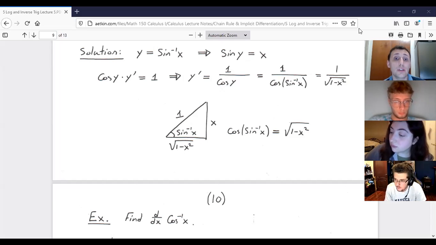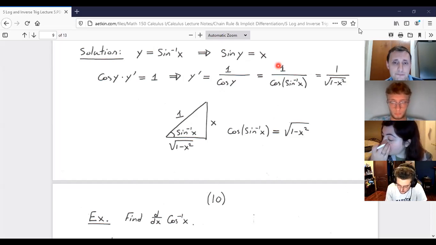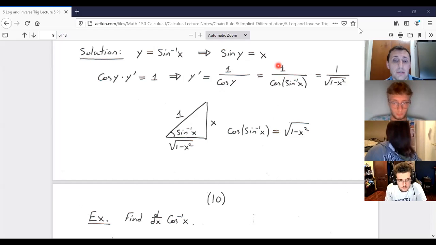Nassim, very good, and only simplify it if you can. Yeah, I want you to find the derivative of cosine inverse, Christian. Exactly that. Yes, you said the same thing.